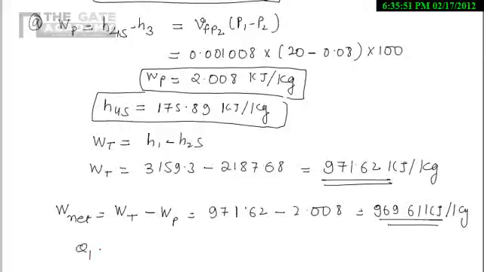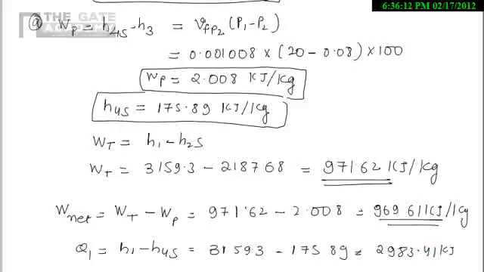Now we calculate Q1, the heat addition, that is h1 minus h4s for the ideal process. So 3159.3 minus 175.89. So Q1 we will get 2983.41 kilojoule per kg. So that is our Q1.